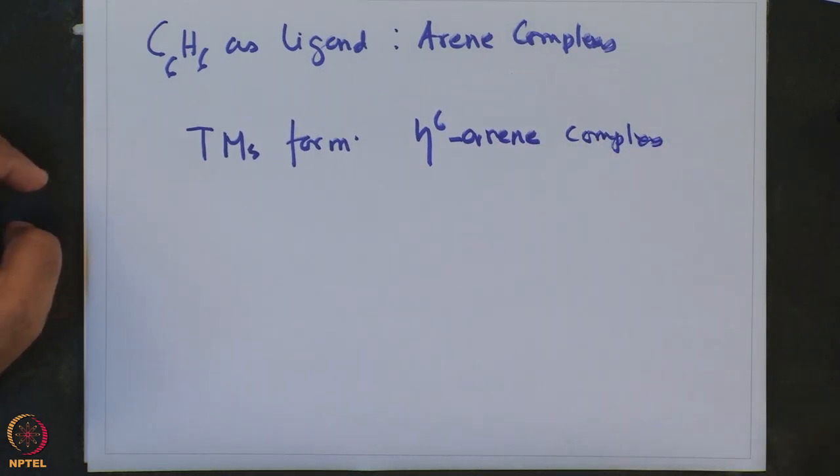and with respect to the main group, such main group metal arene complexes are considered to have weaker interactions, and they are not as common as those of the transition metals.